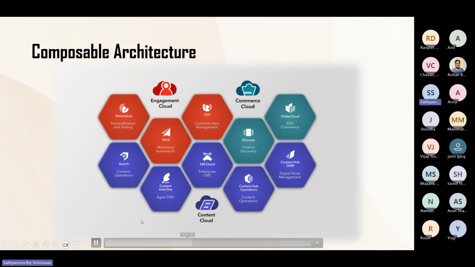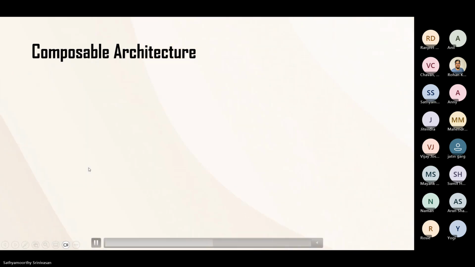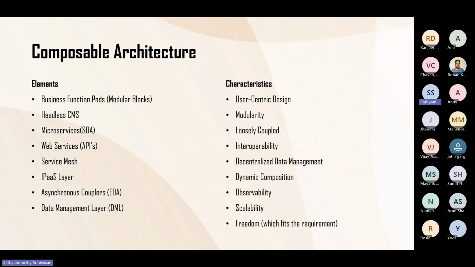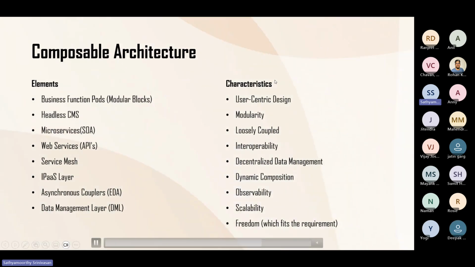So let's just flip this picture. In a composable architecture, on the left-hand side, I've listed the elements which are inevitable. Without these, composable architecture is not possible. And the characteristics that would define that the solution is a composable architecture.